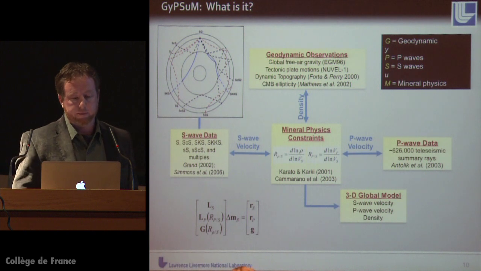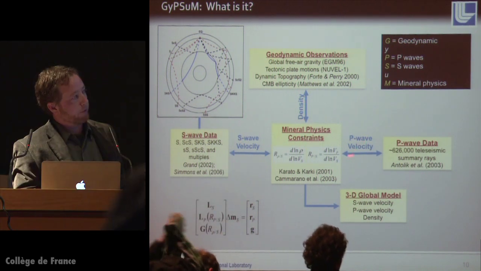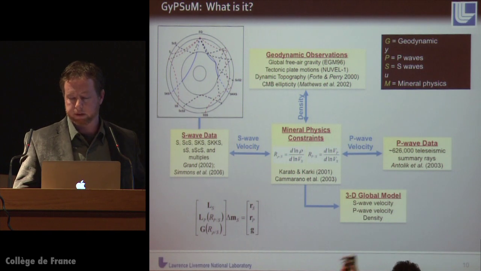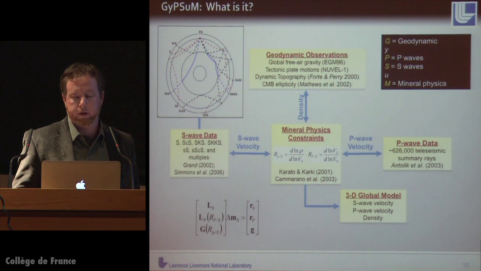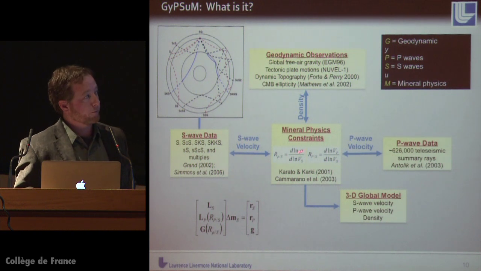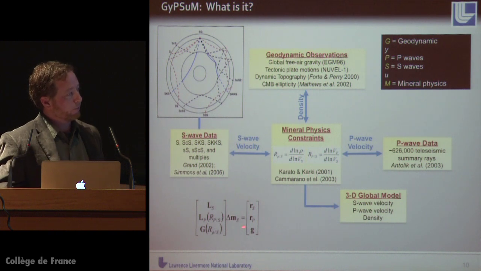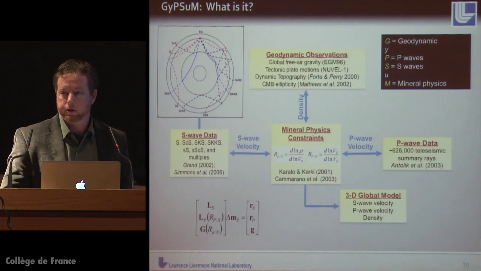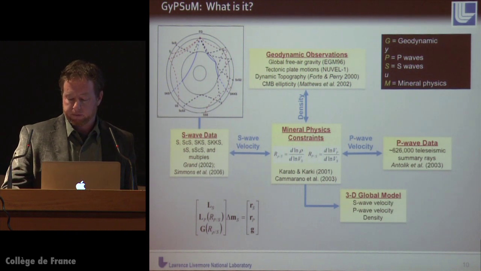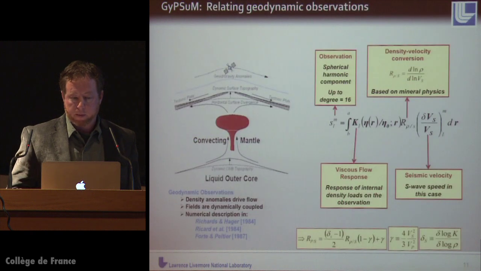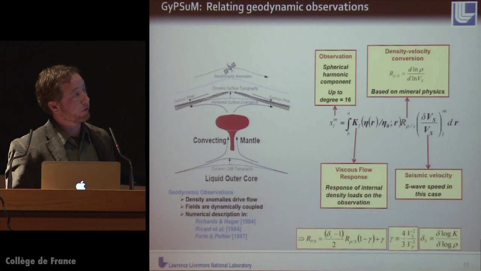What we do is link these properties together, density, shear wave speed, and P-wave speed, through mineral physics constraints, at least broad scale constraints, or at least limitations of what these relationships should be in the mantle. If we have these relationships, we can create a very large system of equations to solve in the simple tomographic case. So we have to, first of all, relate geodynamic observations to structure.